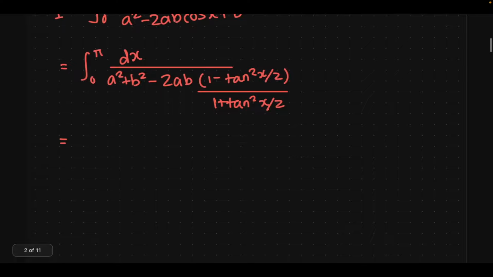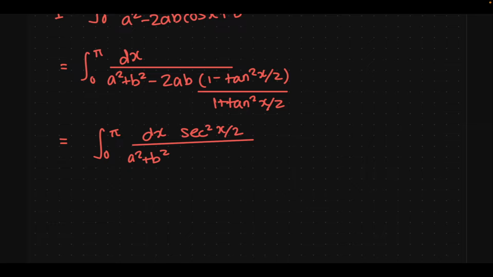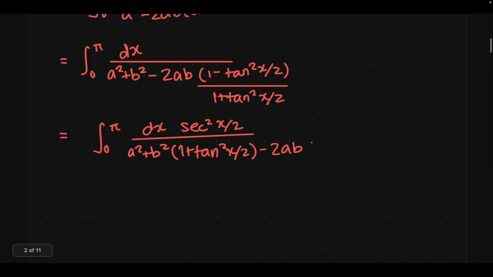And we can always simplify this going ahead to give us the integral from 0 to pi, dx times secant squared x by 2 divided by, we can cross multiply this, a squared plus b squared times 1 plus tangent squared x by 2, minus 2ab, and we'll have the 1 minus tan squared x by 2 factor in there like that.